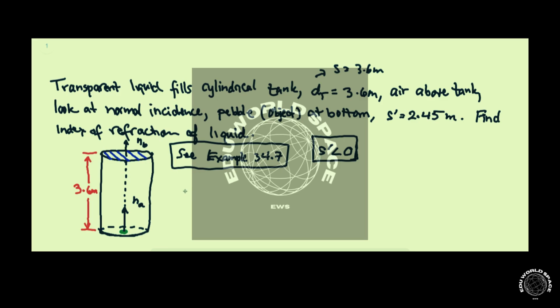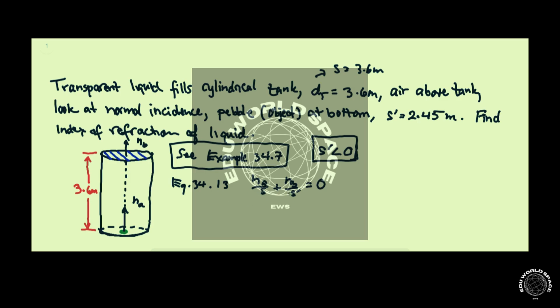So let's now go ahead and solve the problem, now that we have some of the bases covered. We'll use equation 34.13. That tells us that NA over S plus NB over S primed is equal to 0.